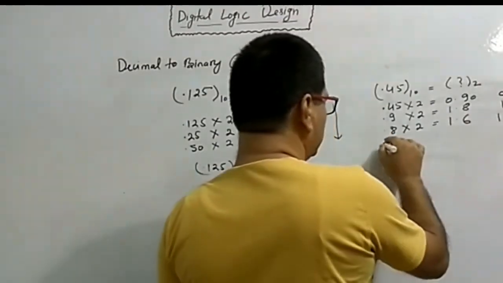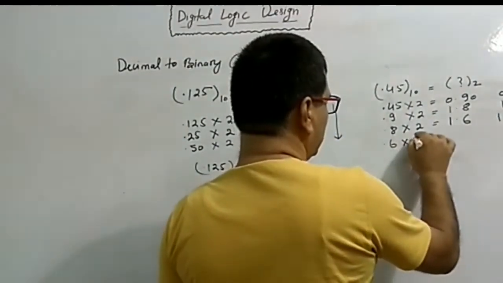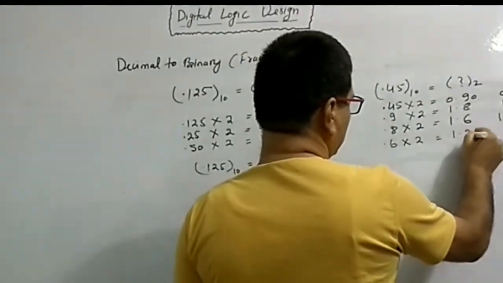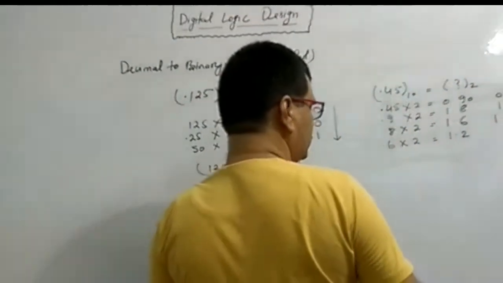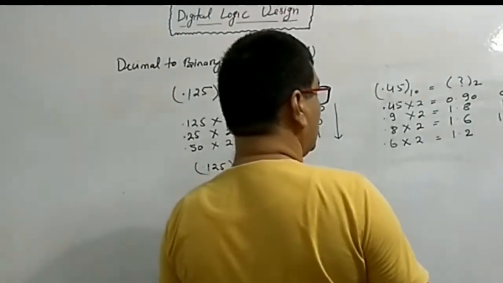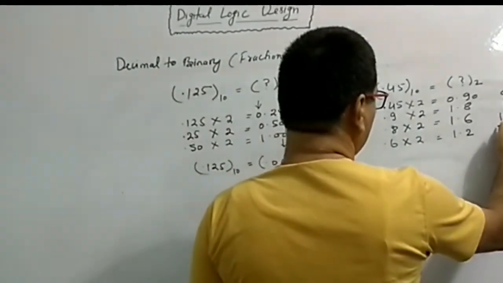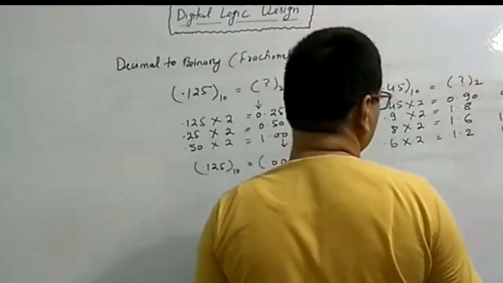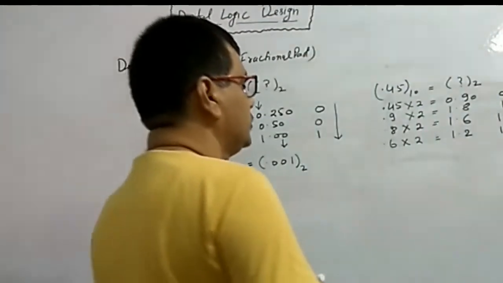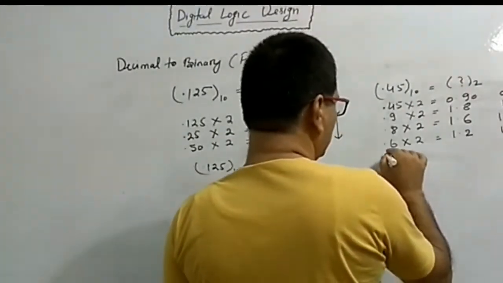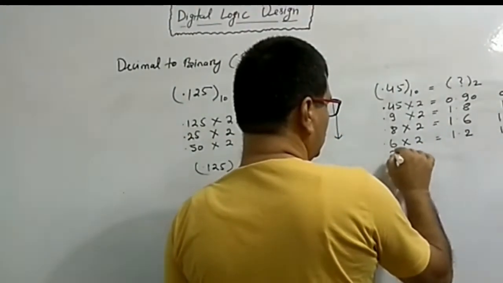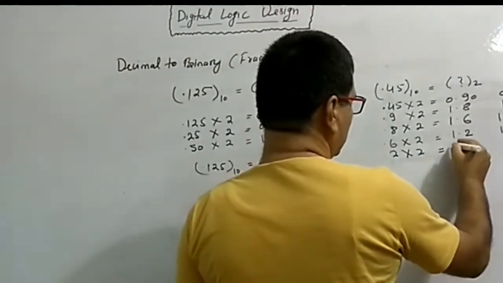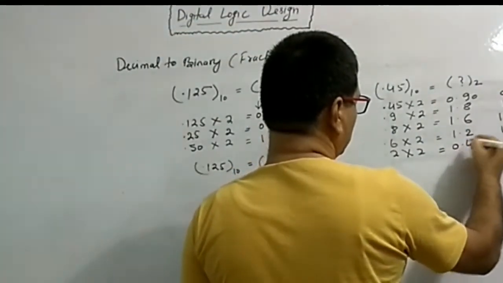Again multiply 0.6 by 2. The answer is 1.2. The integer part is 1. Now again 0.2 multiplied by 2 is 0.4.